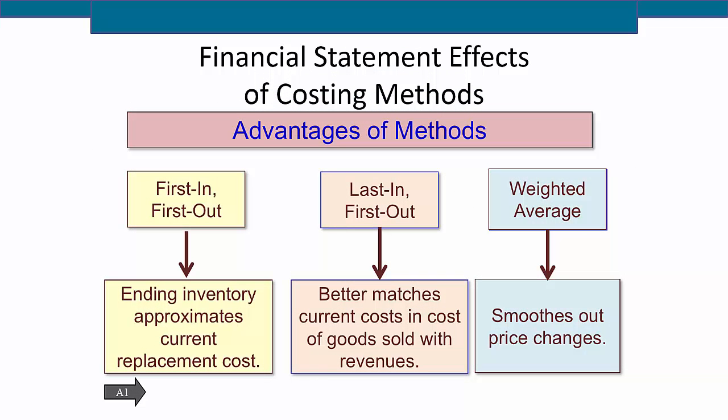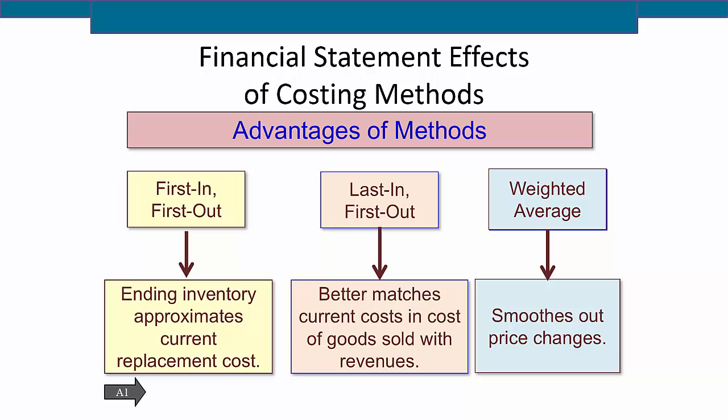Each of the 4 inventory costing methods is acceptable. However, a company must disclose the inventory method it uses in its financial statements or footnotes. Each method offers certain advantages as follows. FIFO assigns an amount to inventory on the balance sheet that approximates its current cost. It also mimics the actual flow of goods through most businesses.